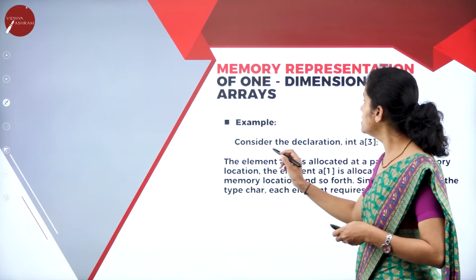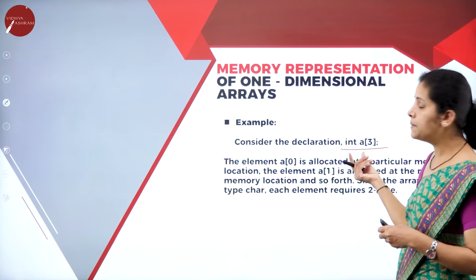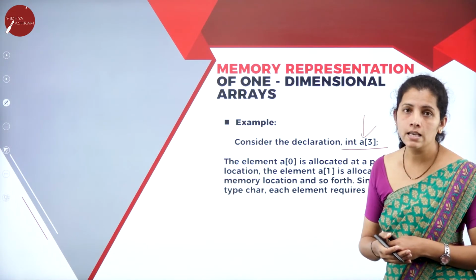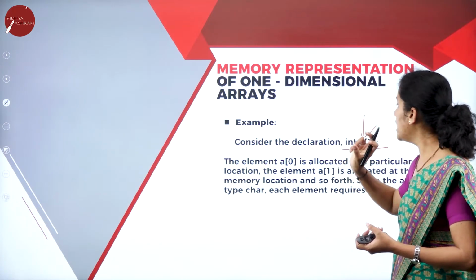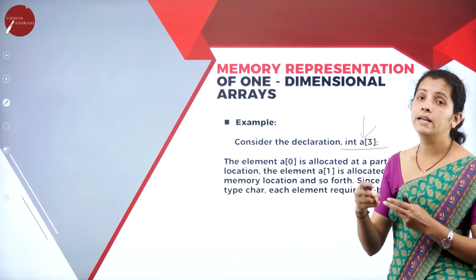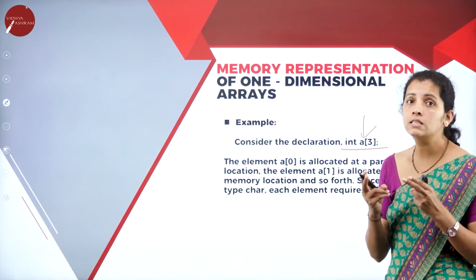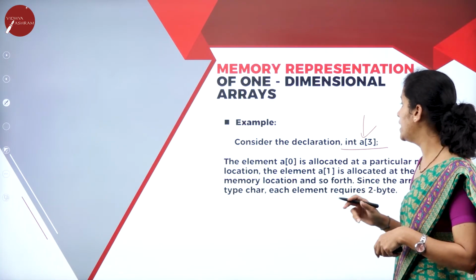Moving further, see same example. It is integer data type and array name is A and the size is 3. So each time the memory address are incremented by 2 because each memory cells are capable to store 2 byte of data.